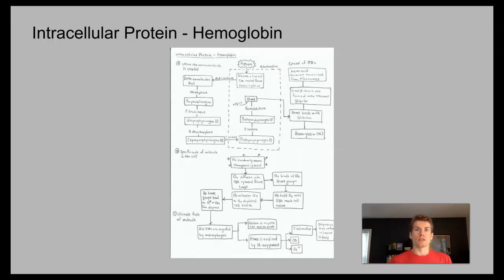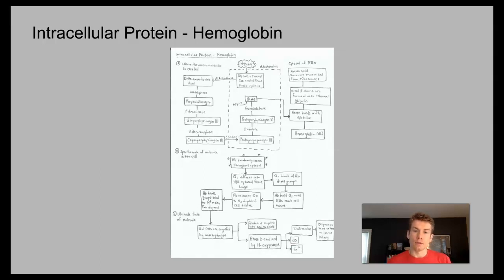Once hemoglobin reaches a tissue in need of oxygen, like tissues that are experiencing a very high metabolic rate, where the partial pressure of oxygen is relatively low, this will cause the hemoglobin molecule to expel the oxygen from the heme group and allow that oxygen molecule to be diffused into a muscle cell, where it can be used in the mitochondria to produce ATP and energy in the cell.